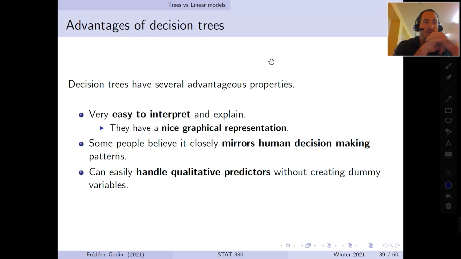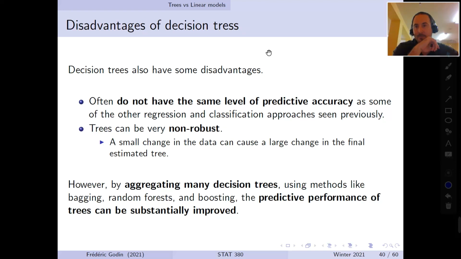If you make a split, you can put a subset of the values of the qualitative predictor into one subregion and all the other values into the other subregion, and it's really not a problem.